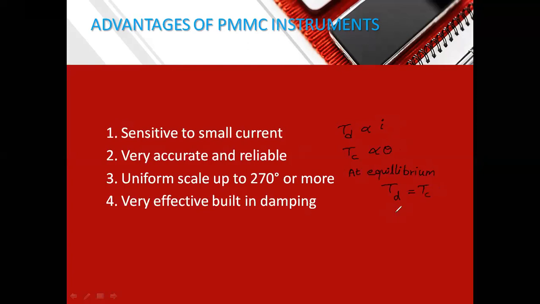That means some constant K1 into I should be equal to some constant K into theta. From this we can say that theta is proportional to I. So less is the current, less will be the angular deflection, more is the current, more will be the angular deflection. And the change in current and the change in deflection is the same. And that is what we call a uniform scale.